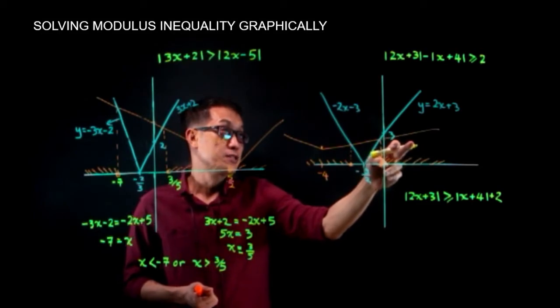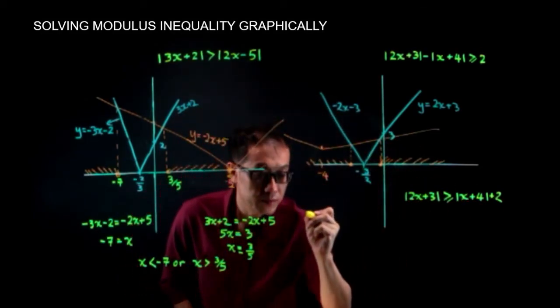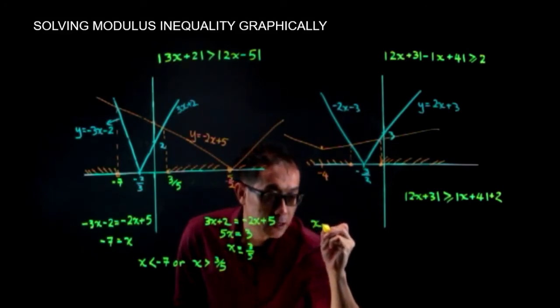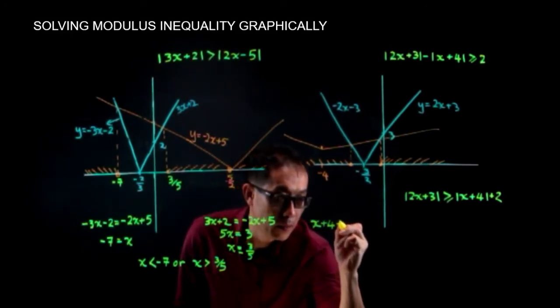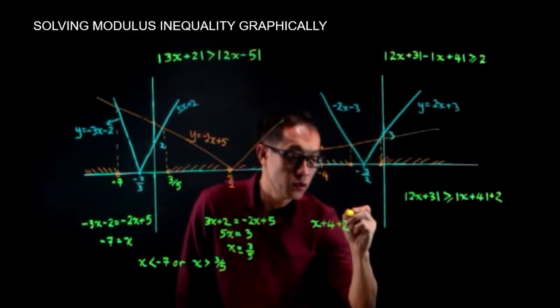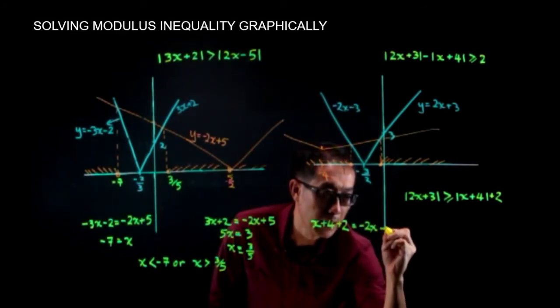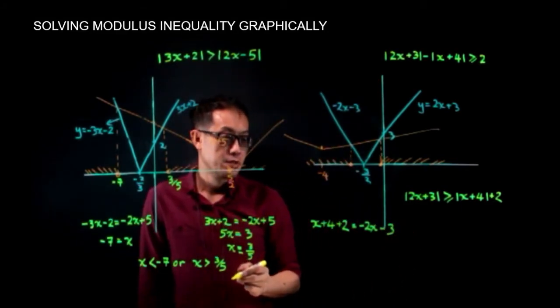And this graph is x plus 4 plus 2. So it will be x plus 4 plus 2 equals minus 2x minus 3. Okay?